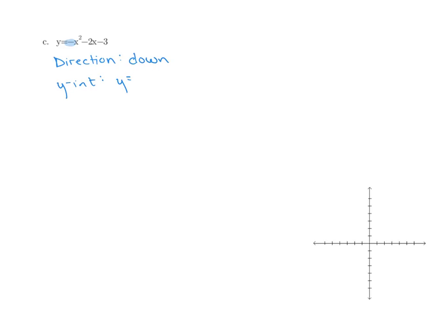If we plug in 0 for x, we get -0 squared, minus 2 times 0, -3. My x terms cancel, leaving me with y equals -3. So my y-intercept is 0, -3.